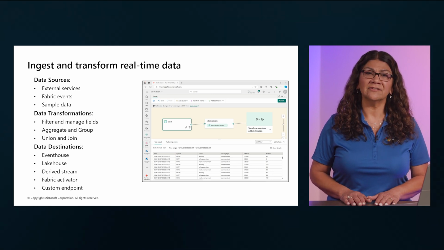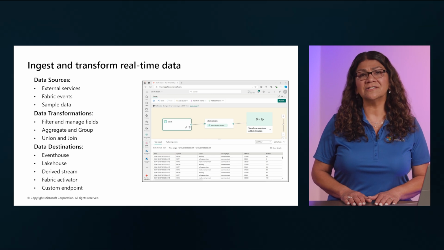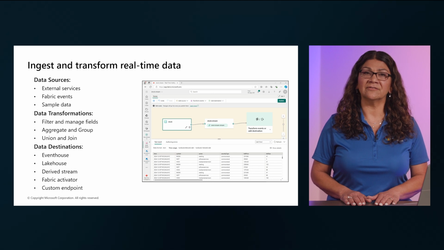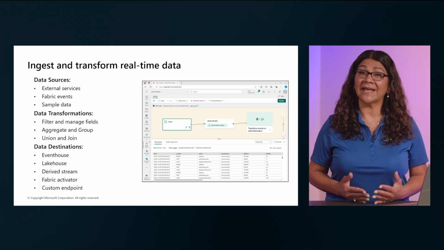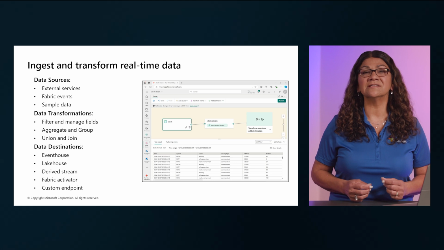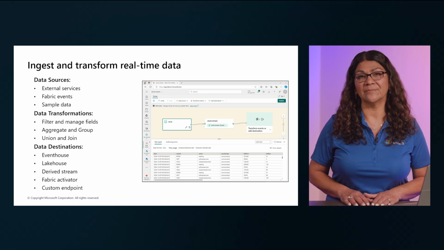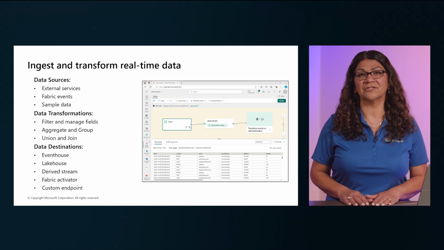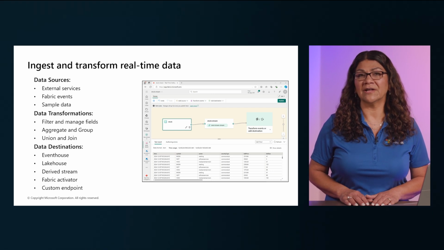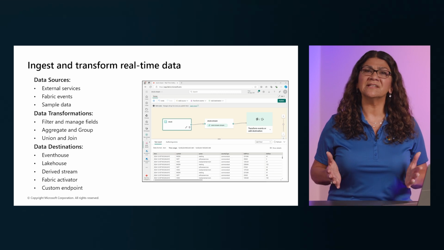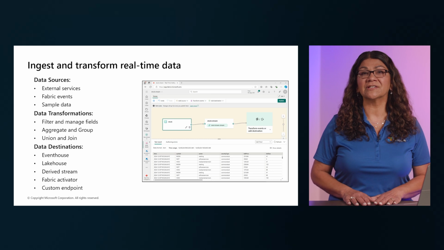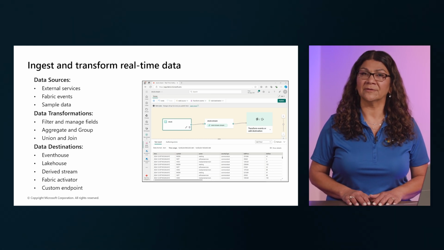Using Fabric Activator as a destination lets you directly connect your real-time event data to a Fabric Activator, which is an intelligent agent that can automate actions based on values in the stream. And lastly, using a custom endpoint as your destination, you can route your real-time events to a custom endpoint. This destination is useful when you want to direct real-time data to an external system or custom application outside of Microsoft Fabric.